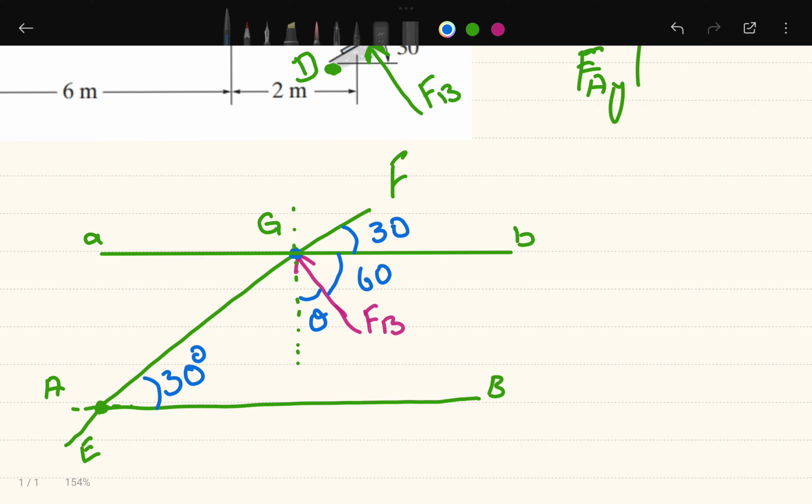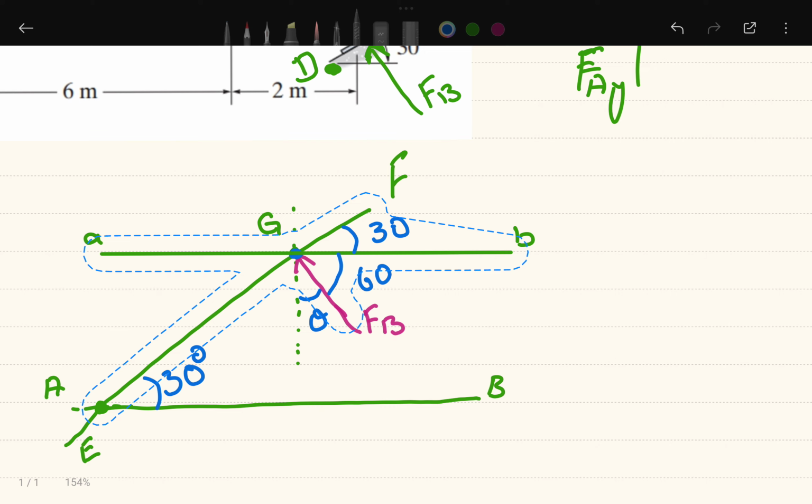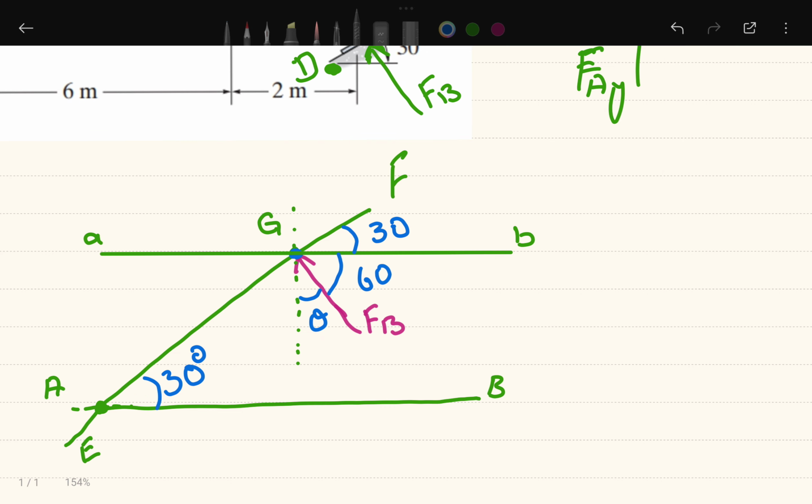Clear? Also we see that this dotted line, which is the small a small b line, is horizontal, and this dotted vertical line is vertical. So when we have this kind of case, they make a 90 degree angle.